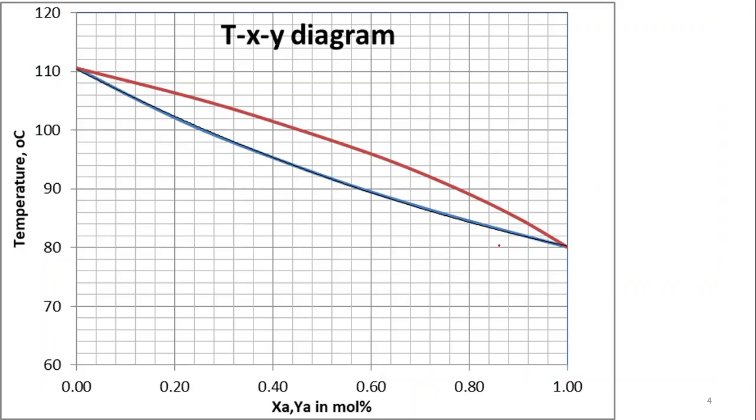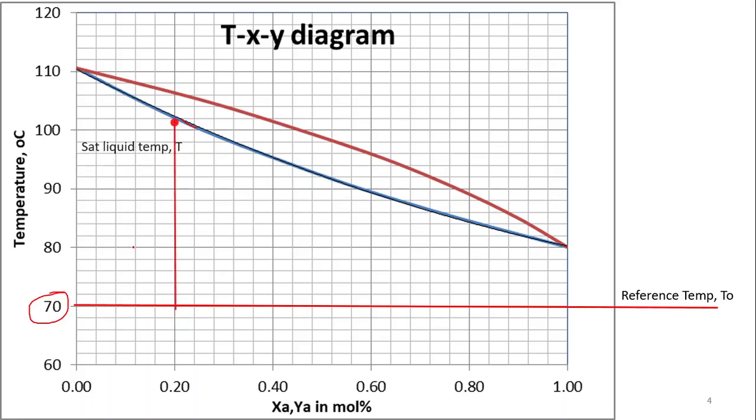See, this is a TXY diagram, and if 70 degrees Celsius is taken as the reference temperature, then for the saturated liquid, this is the saturated liquid condition. At any given composition, we can find out the temperature of the saturated liquid. This is the temperature, about 101 degrees Celsius. So this is T naught and this is the T value.